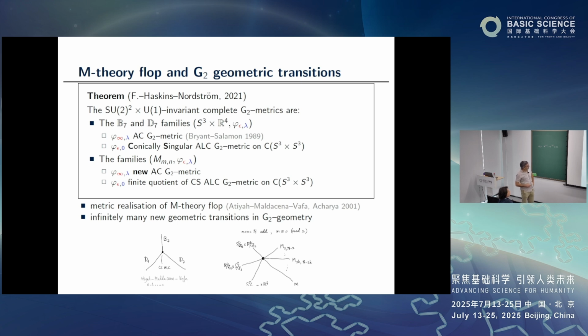Okay, so in particular, this story, as Riemannian and differential geometry, gives a realization at the level of metrics of the M-theory flop that was studied by Atiyah, Maldacena, and Vafa, and Acharya. So basically the first part of this theorem: you have these three families of metrics.